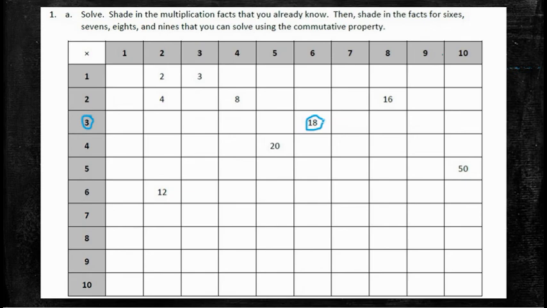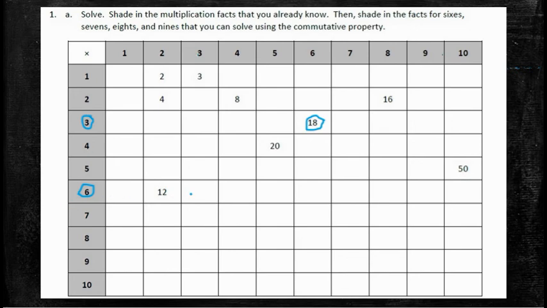So now let's locate the product of 6 and 3. So we know that we can look here, and there's 6. So if we slide our finger over to where the 6 and the 3 meet, sometimes it helps to put one finger on the 3 and one finger on the 6 until they meet.